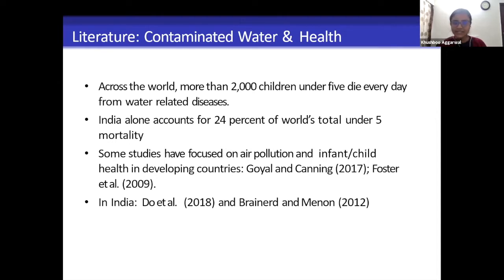Similarly, a study by Brainerd and Menon in 2012 states that the discharge of fertilizers in rivers has impacted pregnant women, especially during the month of conception, with a very harmful impact on infant health, especially neonatal mortality.